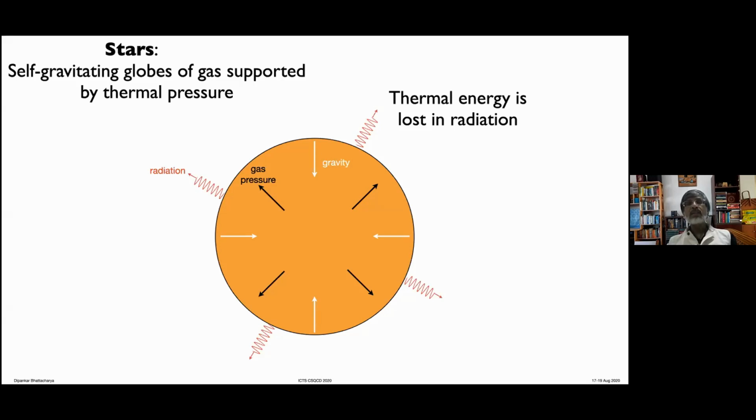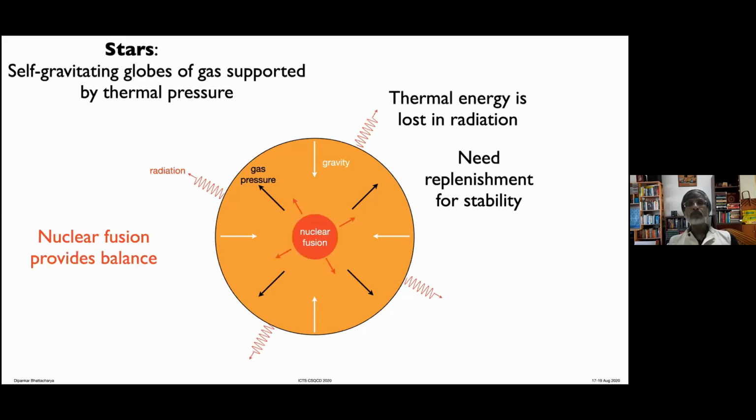If thermal energy keeps getting lost, then obviously the star cannot stay as it is for a long time, unless the energy that is lost is replenished somehow by energy generation processes within the star. And for most of the bright stars that we see, this actually does happen. This replenishment comes from nuclear fusion near the center of the star.